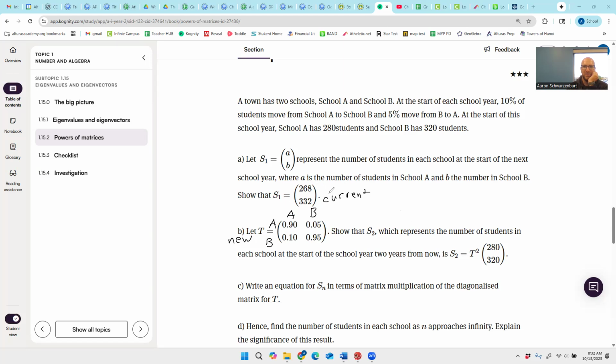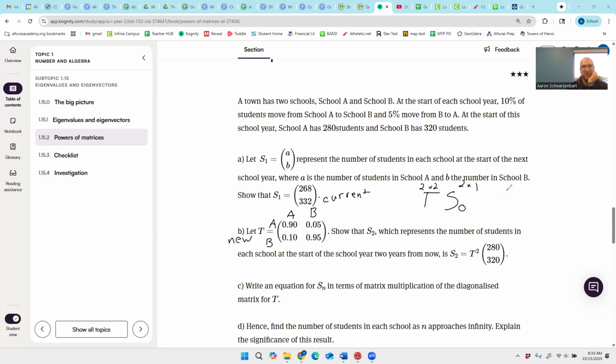So the easiest way to do that is take the transition matrix, which is a 2 by 2. I have to do T times my school matrix because it's 2 by 2 times 2 by 1.